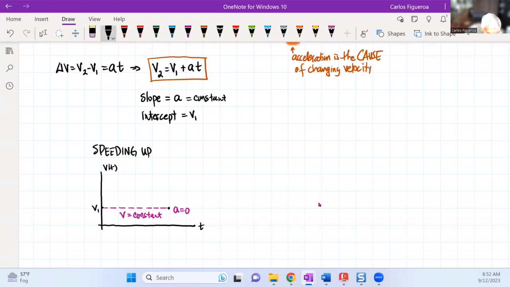Now, if I speed up, that means I have to change my velocity. And so I now have a slope that looks something like this.